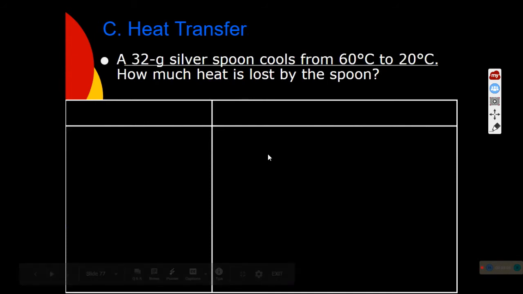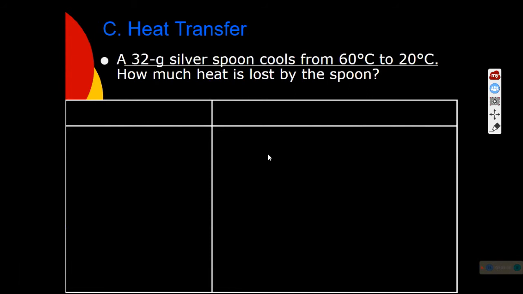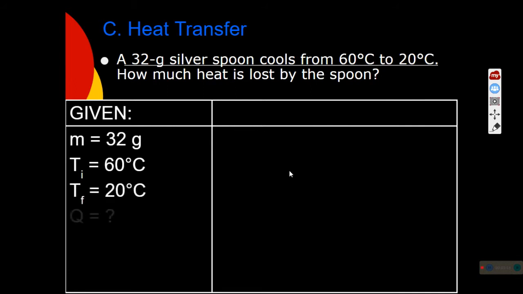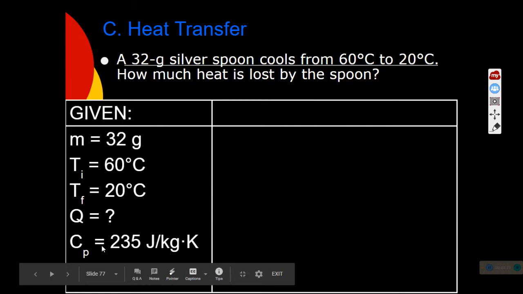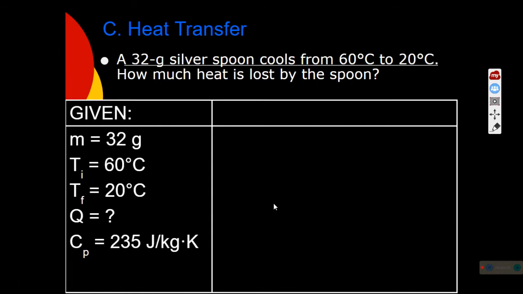Okay, so let's do an example here. A 32-gram silver spoon cools from 60 to 20. So we're given the mass, we're given the initial temperature, 60, the final temperature, 20, and we need the heat. So remember, our formula is Q equals MC delta T. We're told that our specific heat is 235 for that silver.